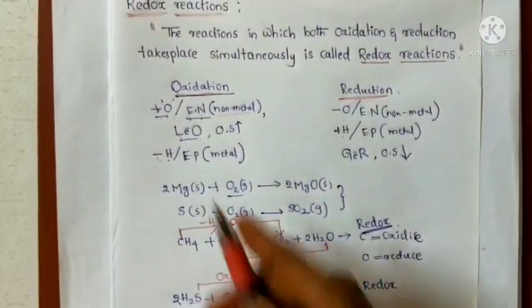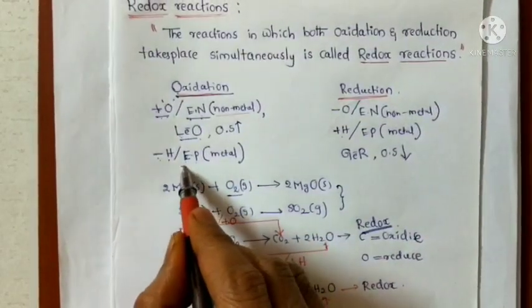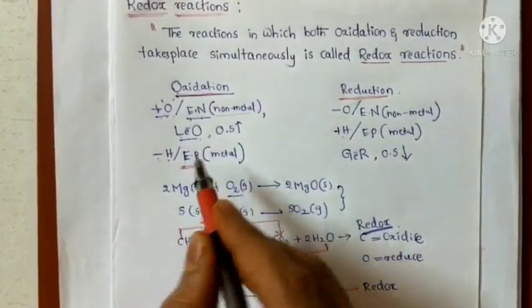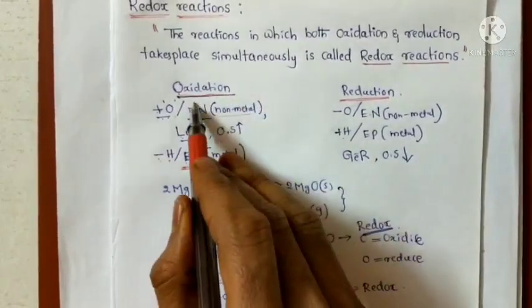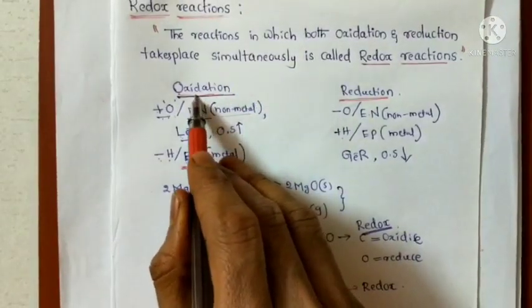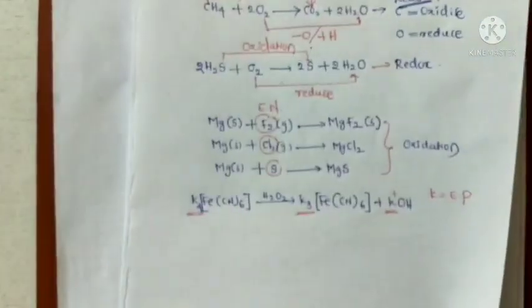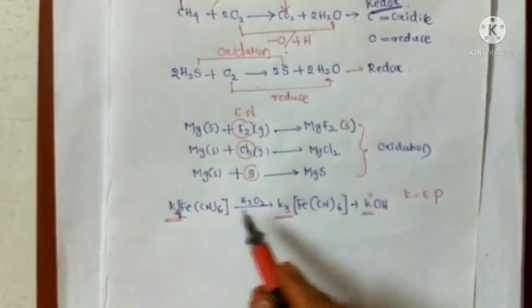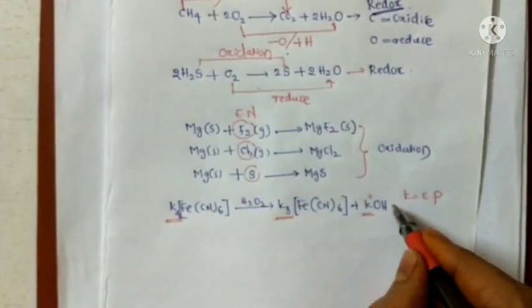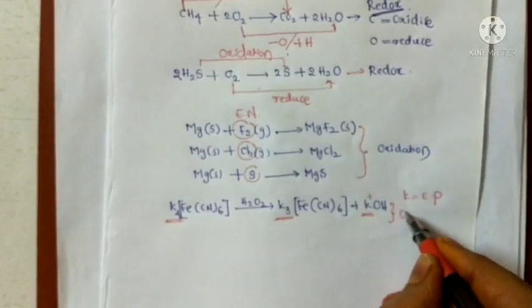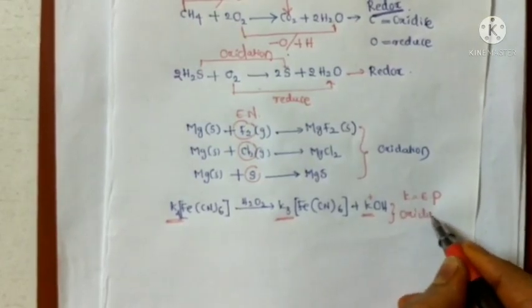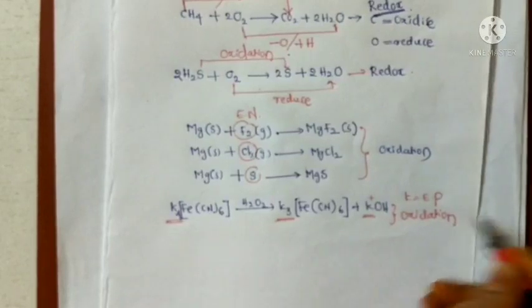So removal of an electropositive element is nothing but that reaction takes place as an oxidation. So that's why this is the example for the oxidation reaction.